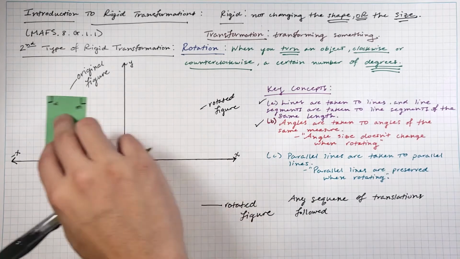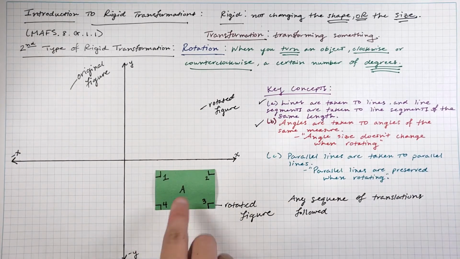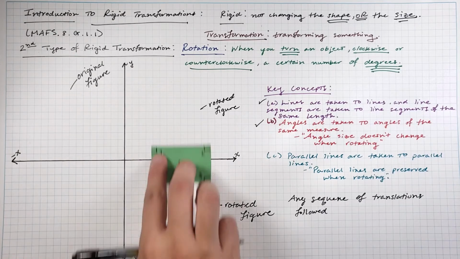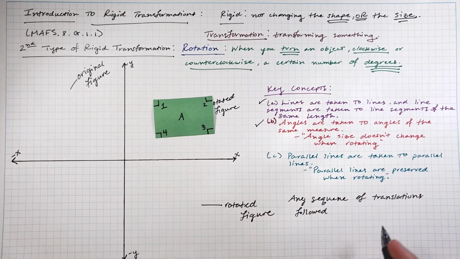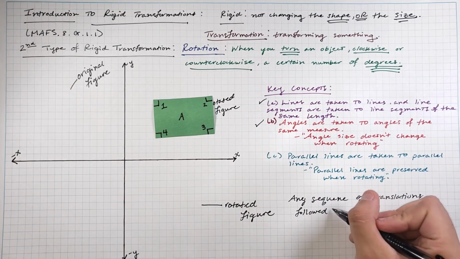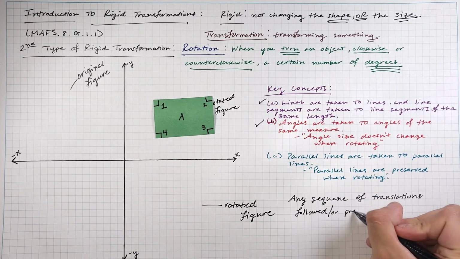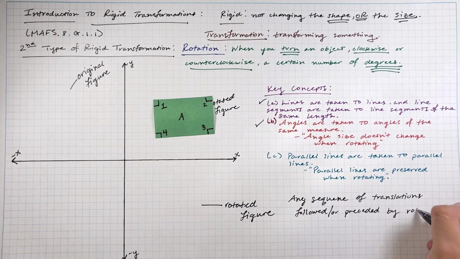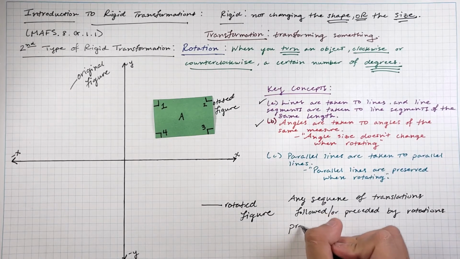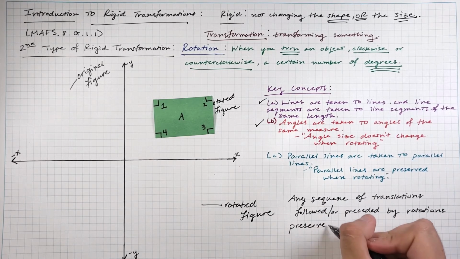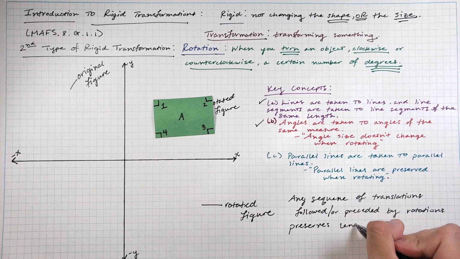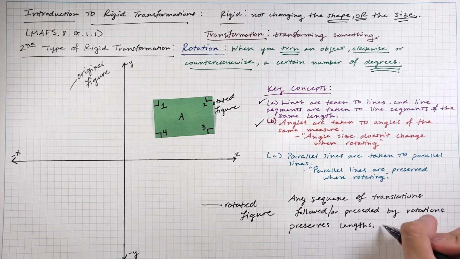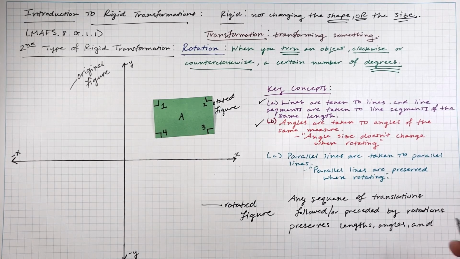So you could translate first and then rotate and still get everything to be the same, or you could rotate first and then translate and everything still remains the same.